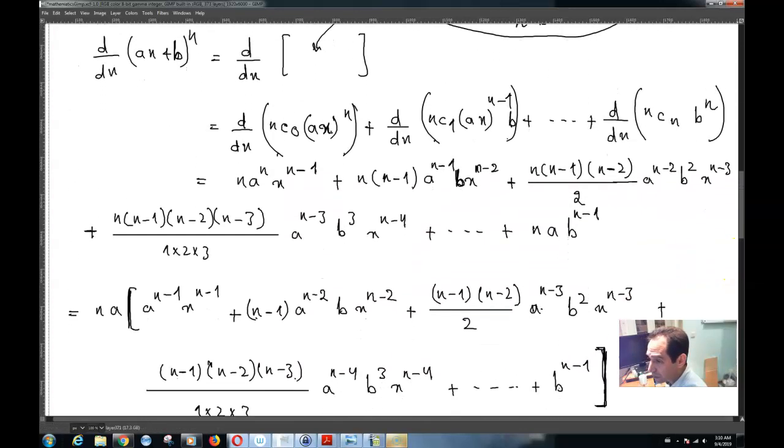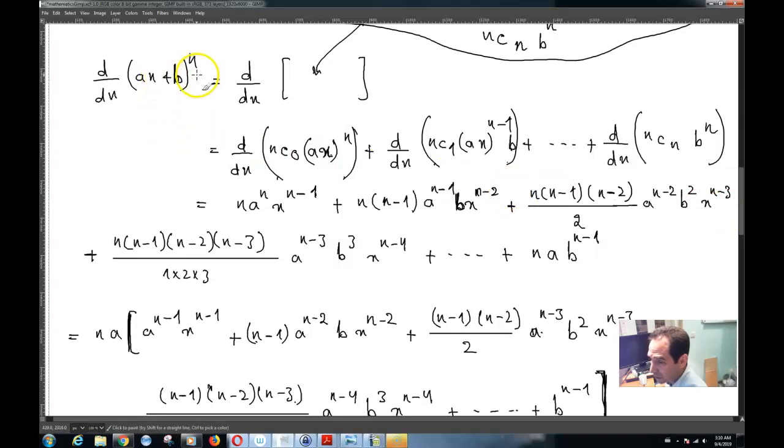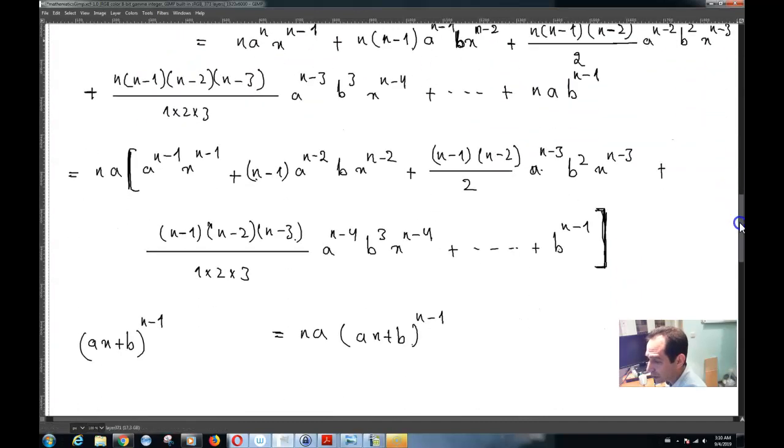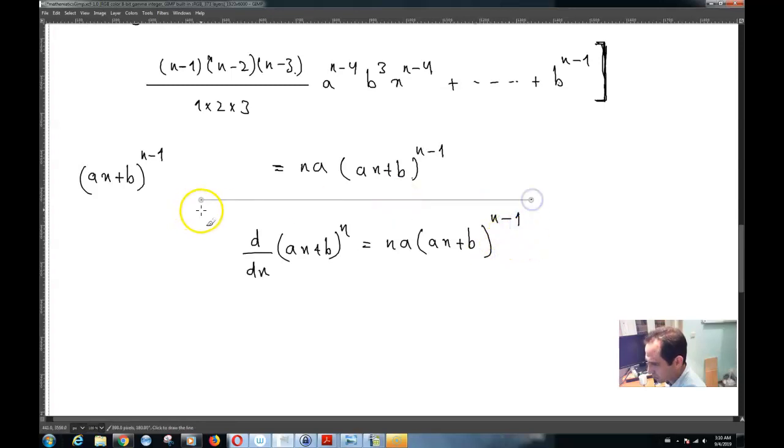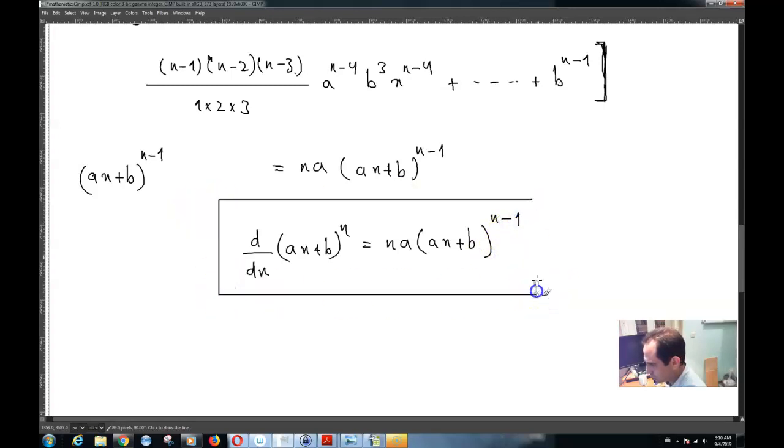So what that means is that d by dx of ax plus b whole raised to the power n is equal to n times a times ax plus b whole raised to the power n minus 1. And that is something that you can use all the time.